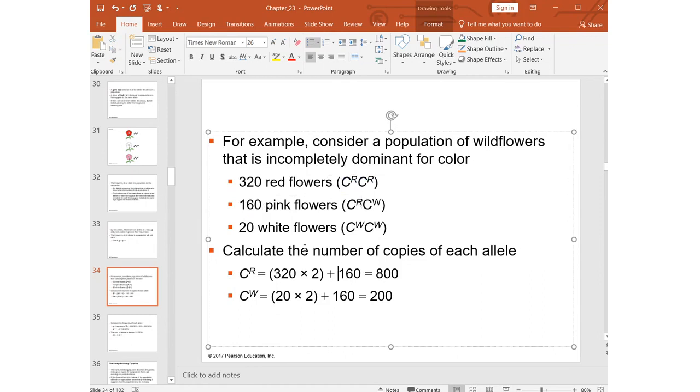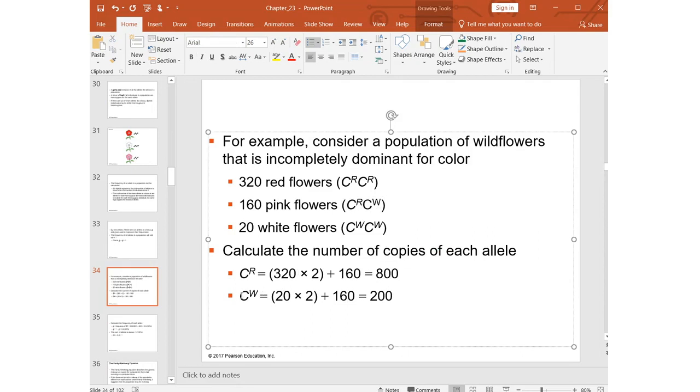So the way to find the number of copies of the red allele in the population is to take the number of red flowers multiplied by 2, and then add 160, the number of heterozygotes that each have 1 copy of the red allele. So you get a total of 800.